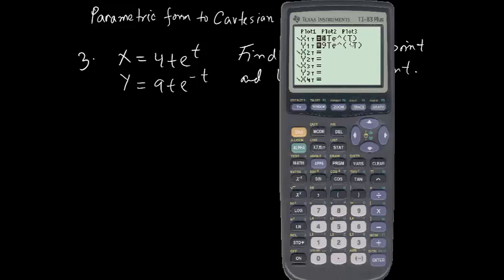So we have 4t e to the t, 9t e to the minus t. And then just go with zoom 6. It's a regular one. So the graph looks like this. It's not that good. So we go to window and make this one say -6. Let's try with that.